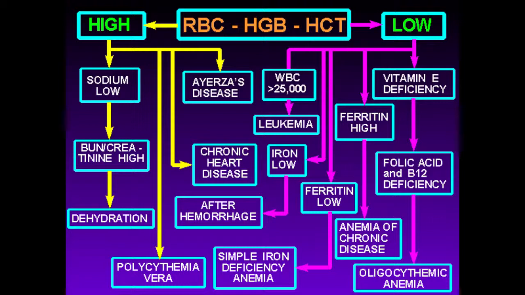Of course, this pathway would be identified by the signs and symptoms of Addison's disease, which are characterized by chronic cyanosis and dyspnea, chronic bronchitis, bronchiectasis, enlargement of the liver and spleen, and hyperplasia of the bone marrow. A low sodium and BUN creatinine ratio would suggest dehydration due to relative polycythemia.